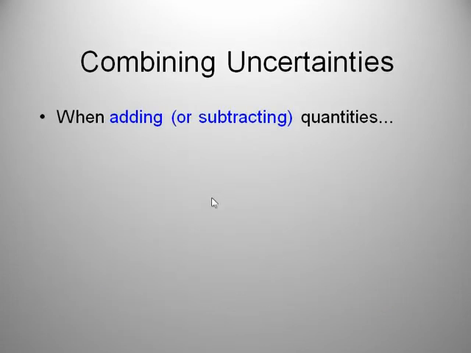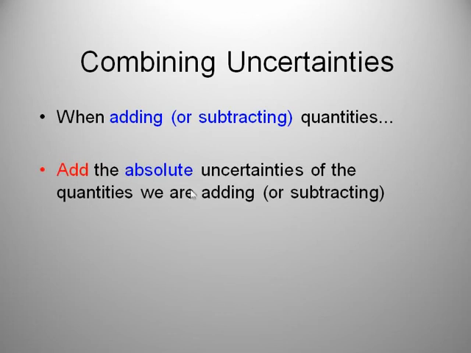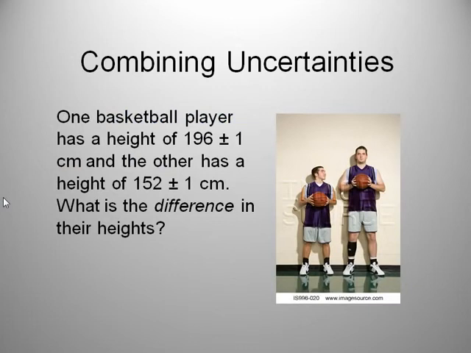Adding and subtracting. We add the absolute uncertainties when we have addition and subtraction. For example, a basketball player is 196 plus or minus 1 centimeter, and another basketball player is 152 plus or minus 1 centimeter in height. What's the difference in their heights? You just take the difference between these two values, 196 minus 152, you get 44.